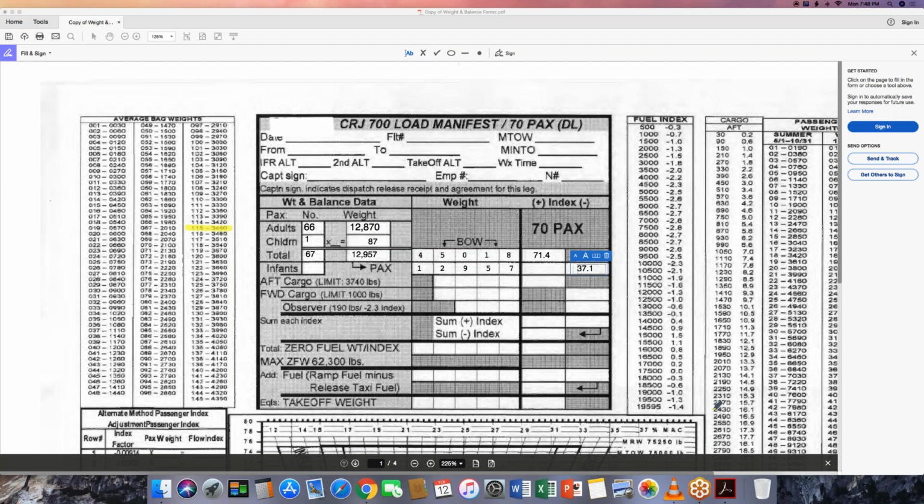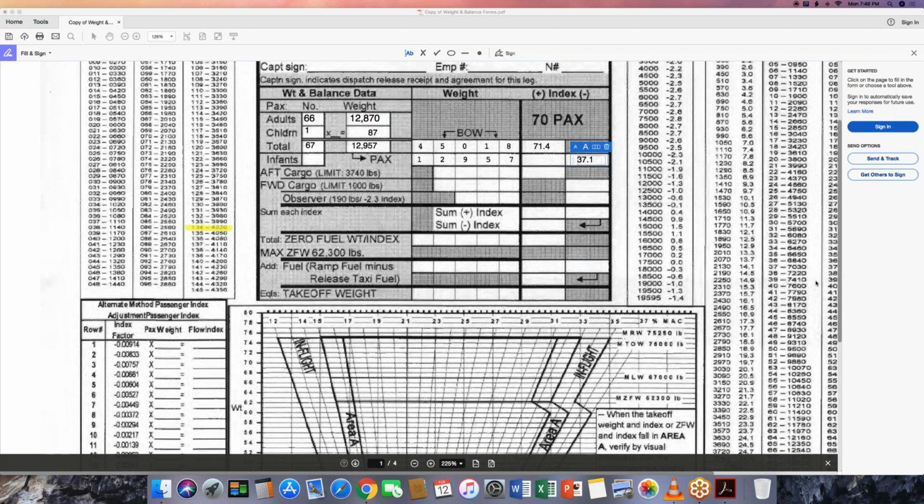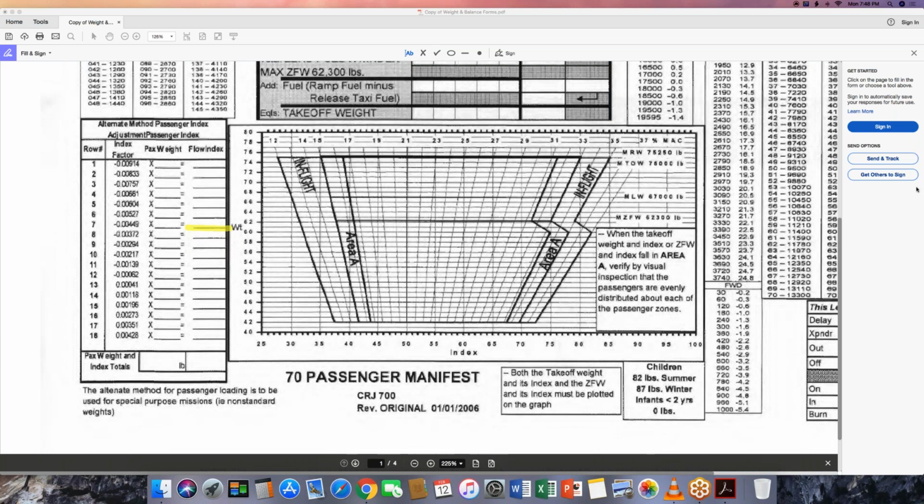Perfect. Oh, okay. So our total weight is the 3450, but we're putting 1,000 pounds of that in our forward cargo. I thought there was just already 1,000 pounds in there. That's how I read it too. I thought there was 115 bags plus an additional 1,000 pounds of cargo that we were allocating to the forward cargo. Yep, that's exactly what I did. Me too. Sorry about the misleading instructions. I should have clarified that.